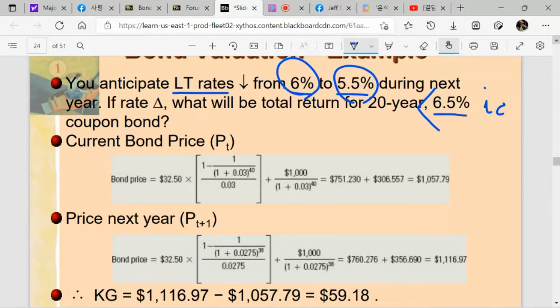So we can easily find the current price of the bond by plugging into the formula, right? Coupon is 6.5, which is $65 a year. You divide it by 2, and then 20 years left, so N will be 40, right?